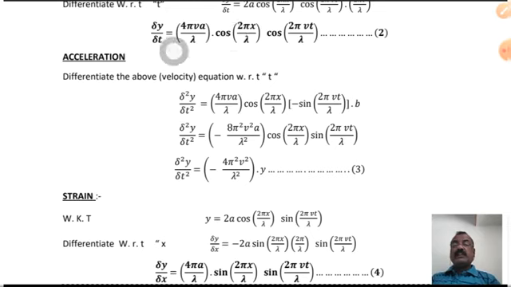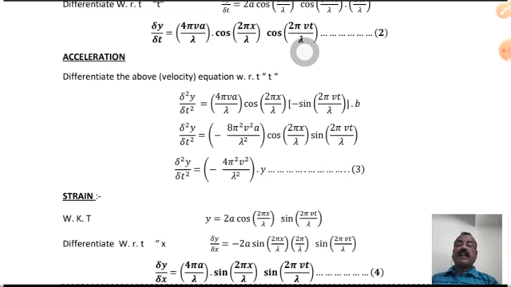We want to differentiate the velocity equation once again. Therefore, 4 pi v by lambda is written as it is, cos 2 pi x by lambda is written as it is.